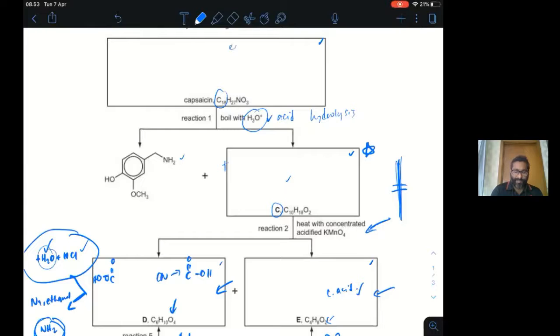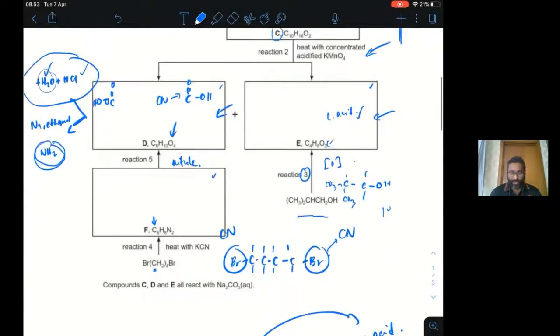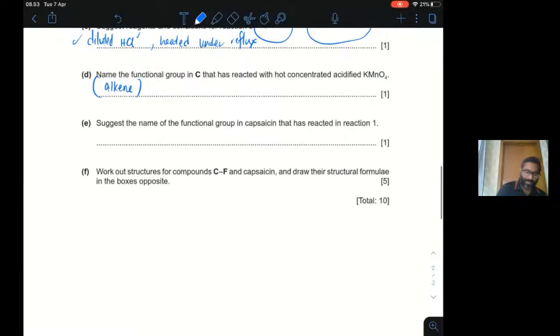So the answer can be either ester, because if you are using acid, ester can be broken, or amide, because amide can also be broken by acid hydrolysis. If your answer is either ester or amide, it will be accepted.